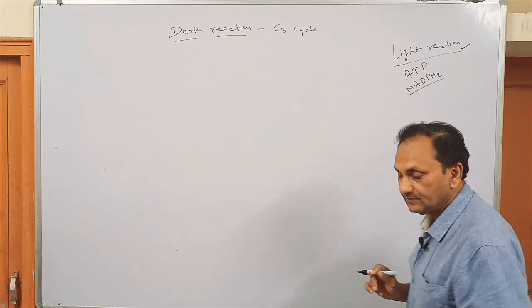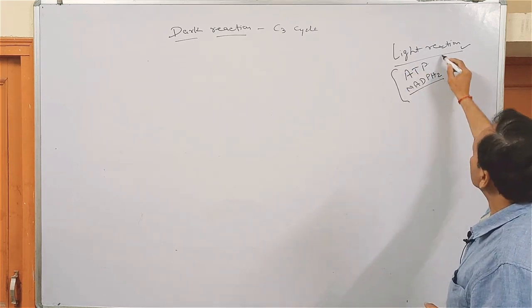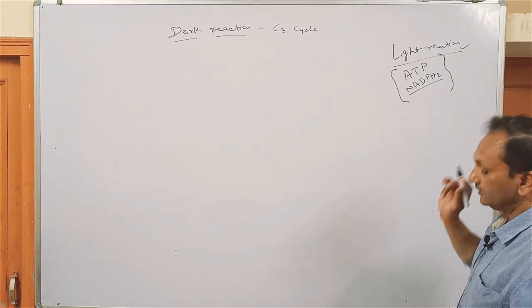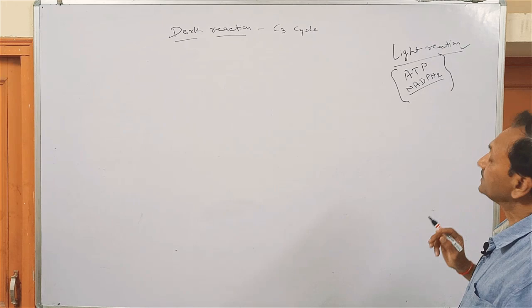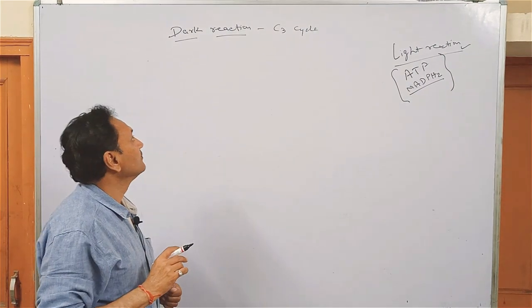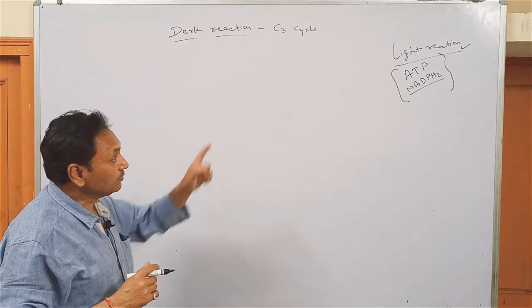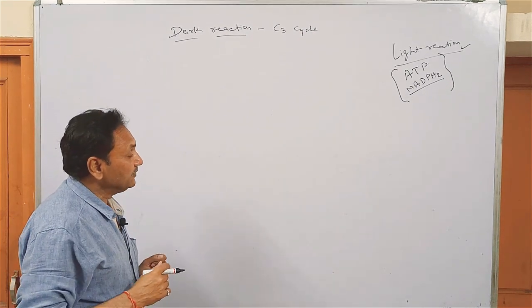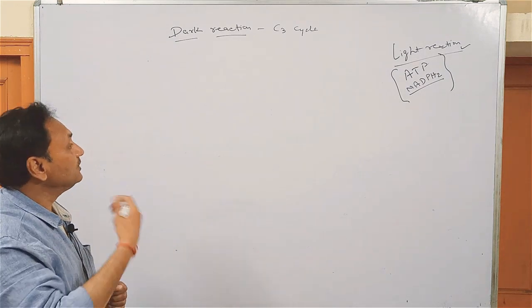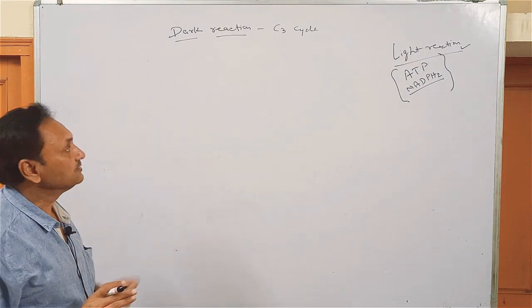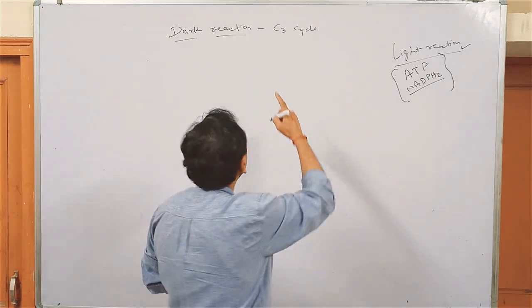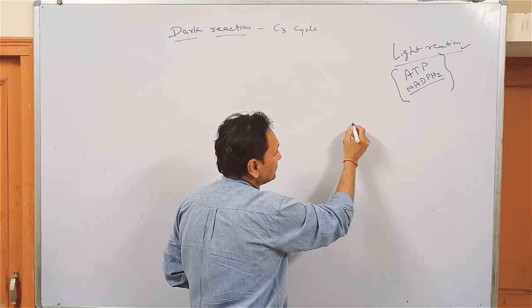This assimilatory power is utilized in the dark reaction for the production of carbohydrate, that is sucrose, fructose or glucose. How this ATP and NADPH2 is utilized in the dark reaction and which chemicals participate in it, we are going to study now.